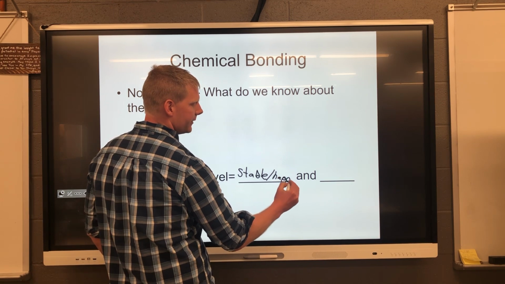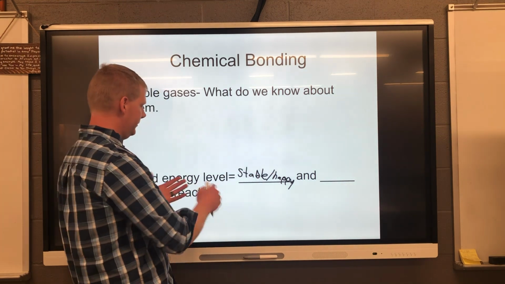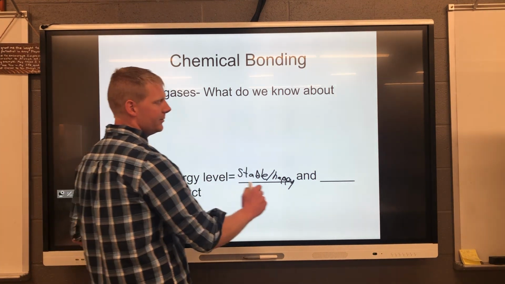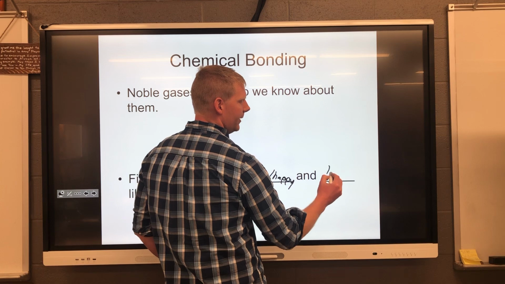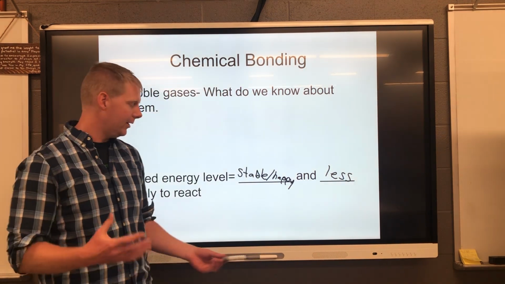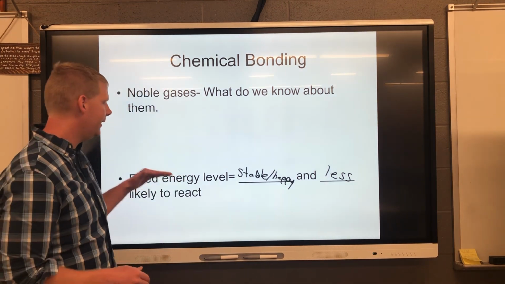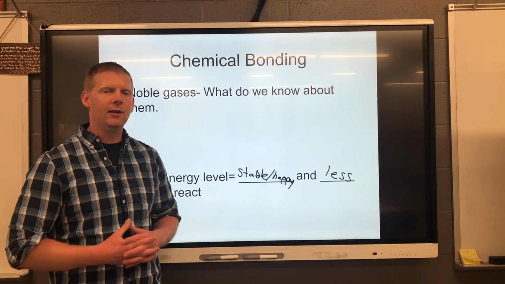They're not going to react. Because they're stable and happy, with a filled outer energy level, they're less likely to react. So noble gases are pure elements. They don't bond with other things because they already have that outer energy level completely filled.